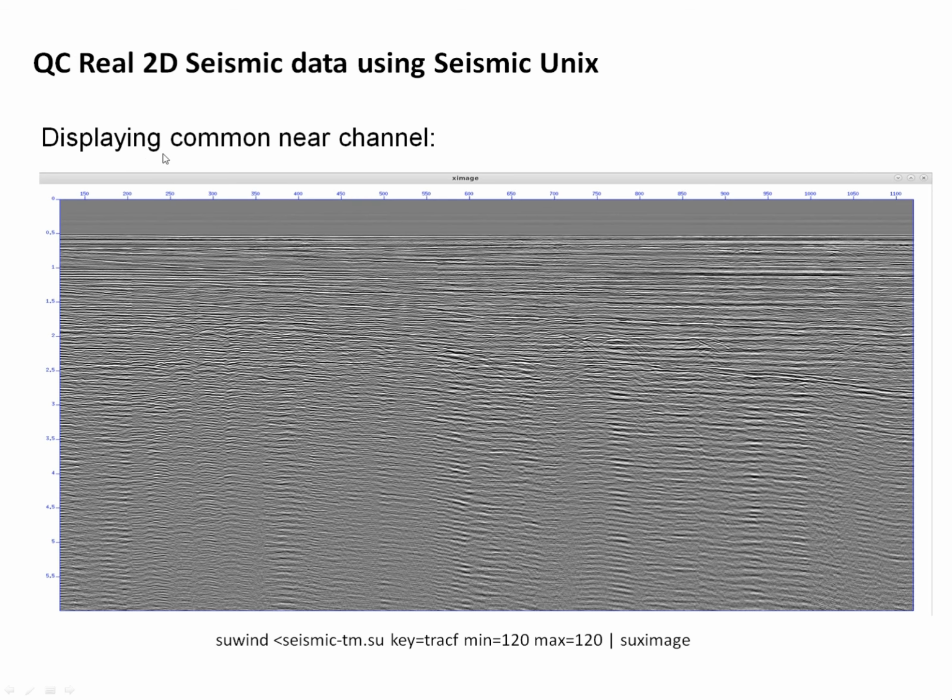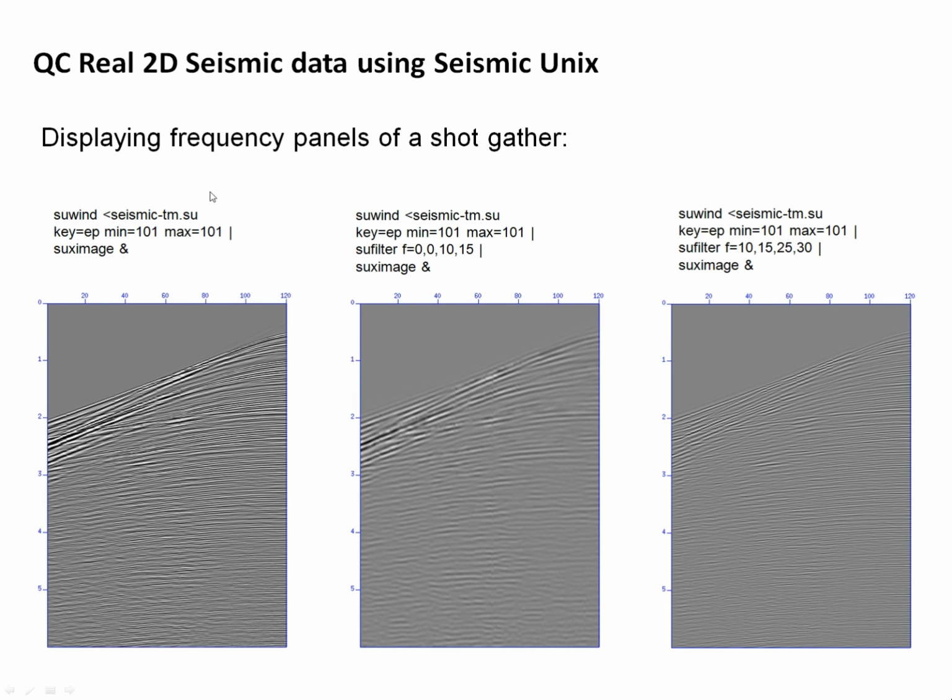And this is a common near channel display, so you can use this script to generate the common near channel. Yeah, and then you can also generate the frequency panels. Frequency panels give you a good indication of which frequency panel is affected by noise.